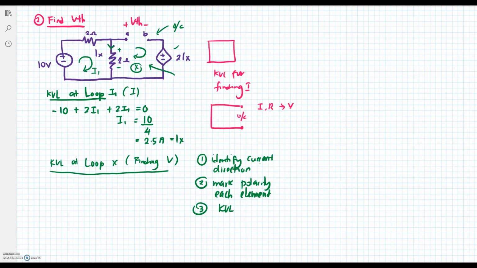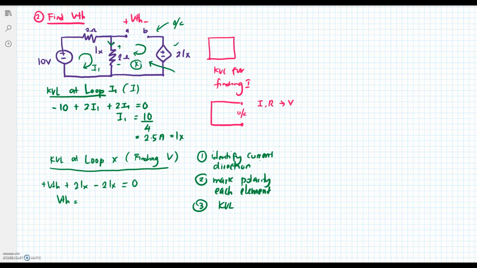Okay, I'll start with the Thevenin, which is plus V Thevenin plus 2ix minus 2 times ix equal to 0. And then V Thevenin is... I need to do some correction, so here I choose 3. So this means here is 3.